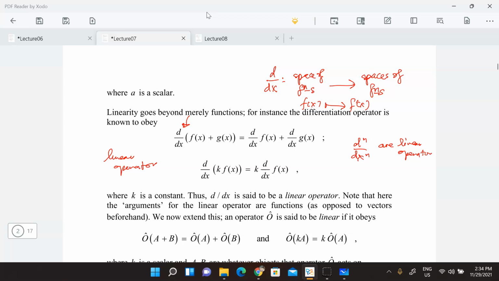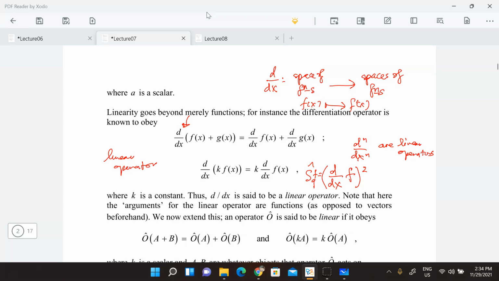What is not going to be linear? Operators are things that take the space of functions and map to another space of functions. So if I were to do this, for example, I take d/dx, operate on this f, and I square it, and I call this operation, say, the square of f.